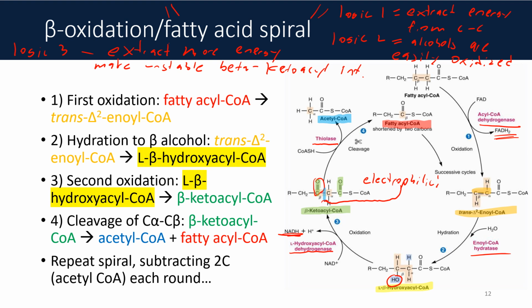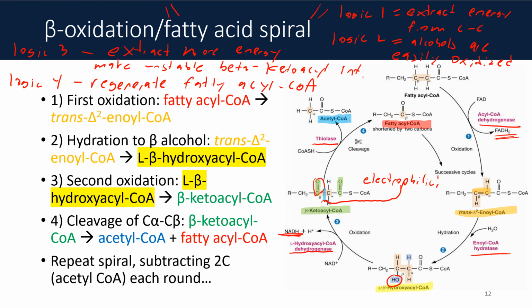The logic of the fourth and final step of the spiral is to regenerate fatty acyl-CoA, while of course making acetyl-CoA that we can use for further oxidation purposes.